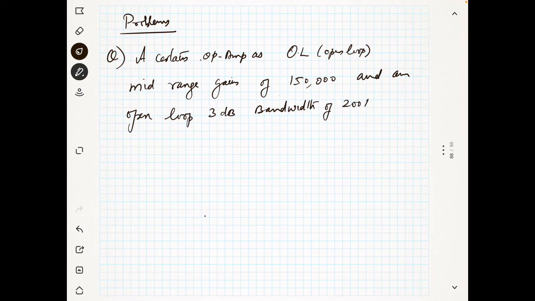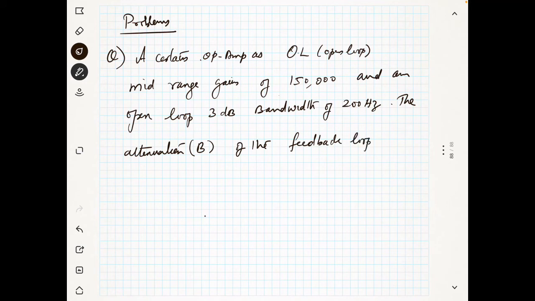The attenuation, that means the B of the feedback loop, is 0.002.